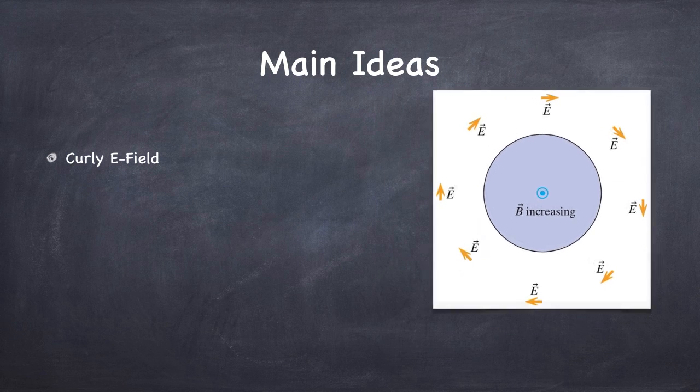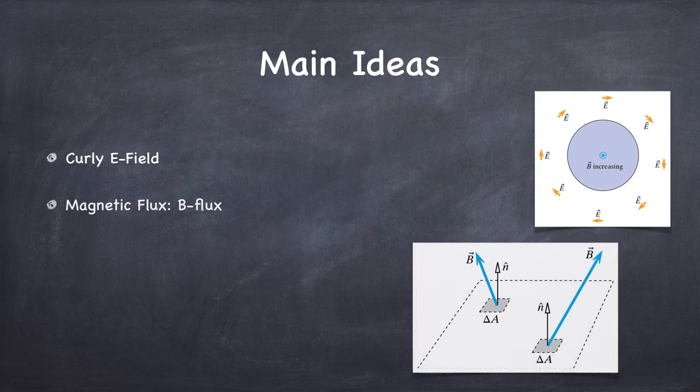What is magnetic flux? Well, magnetic flux is an important idea that we need to master in order to be able to compute the creation of these curly electric fields. But the good news is it's very much like calculating electric flux. You simply take the dot product of the magnetic field with the normal unit vector, a unit vector normal to the surface, and multiply by the magnitude of the area of the little patch that the magnetic field pierces.